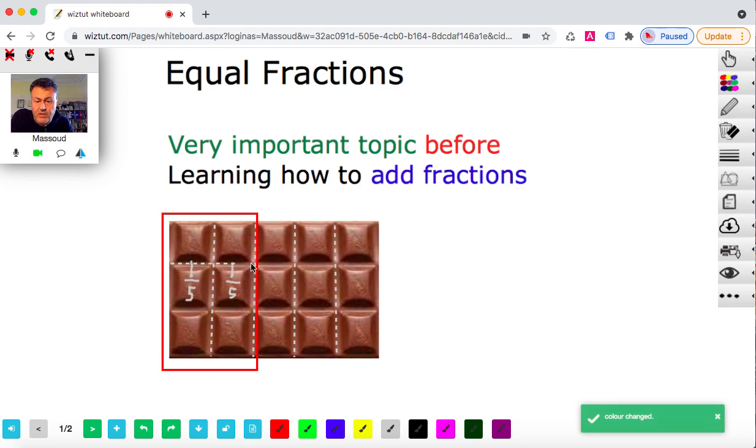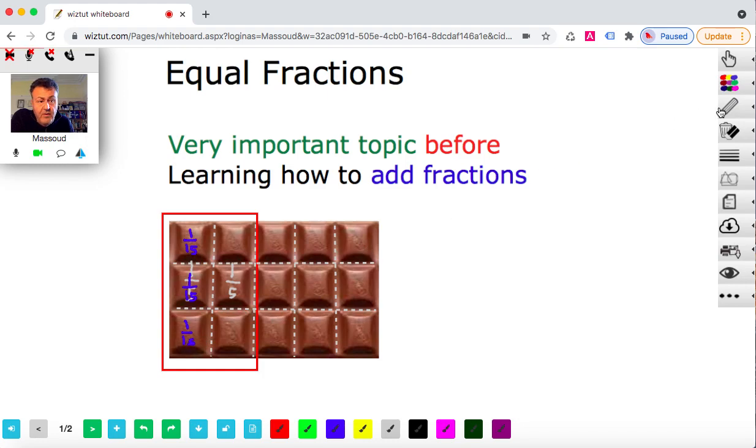So if I partition these a bit more, now the number of partitions that I have is 1, 2, 3, 4, 5, 6, 7, 8, 9, 10, 11, 12, 13, 14, 15. So each one of these parts, which I'm going to write in blue, is now a 15th. So it'll be a 15th, then that will be another 15th. This will be another 15th, and so on.